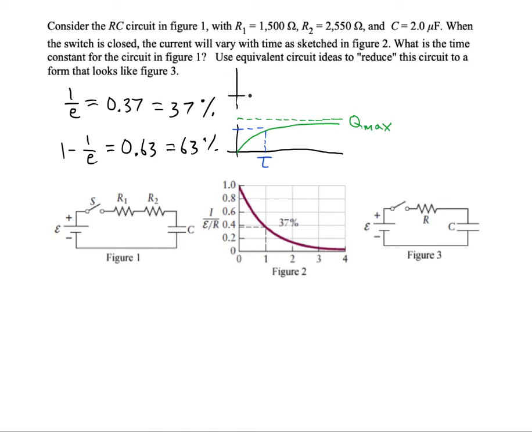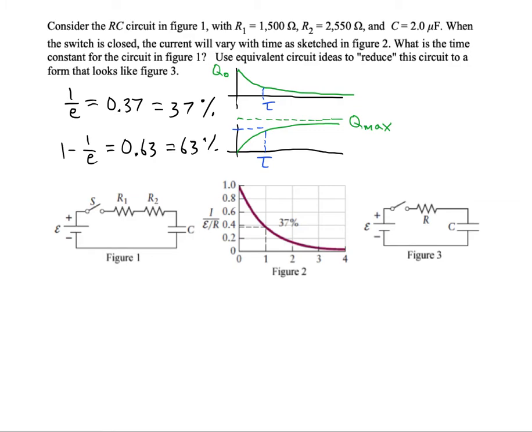But the time constant can also be thought of as how long it takes for charge to decay to 37% of its original value, and this is Q initial. For a given RC circuit, these time constants will be the same.